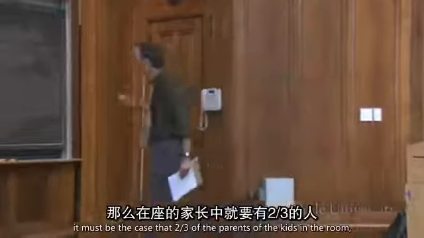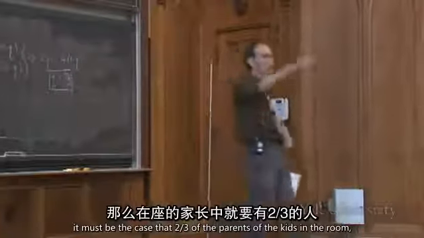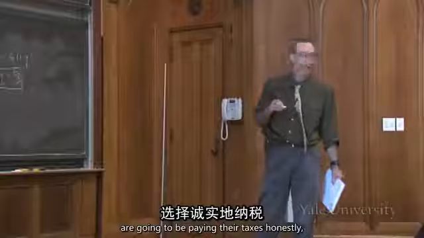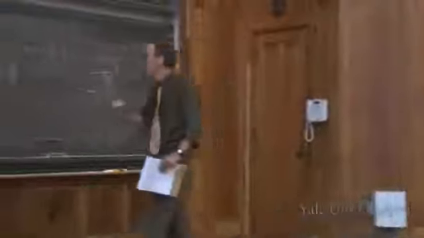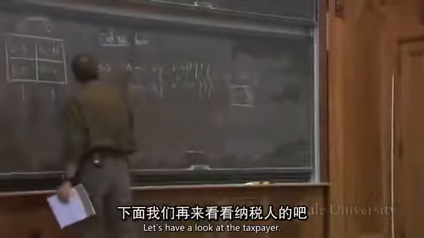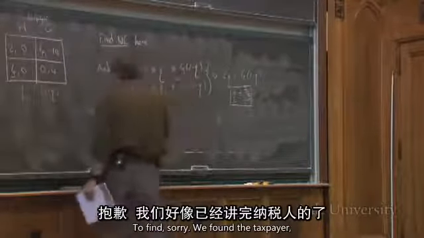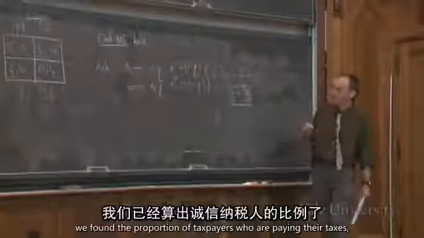It must be the case that 2/3 of the parents of the kids in the room are going to be paying their taxes honestly, which means a third aren't, which is kind of worrying. But never mind. All right. Let's have a look at the taxpayer. We found the proportion of taxpayers who are paying the taxes.